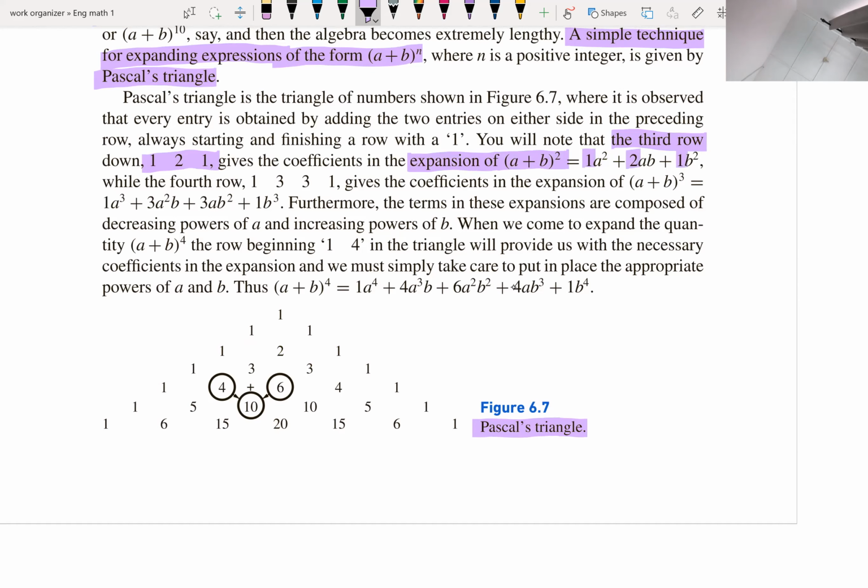So this is the third row, 1 2 1. And then we just plug in the a and b.